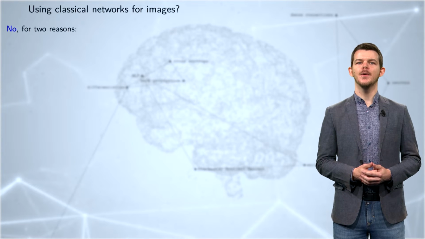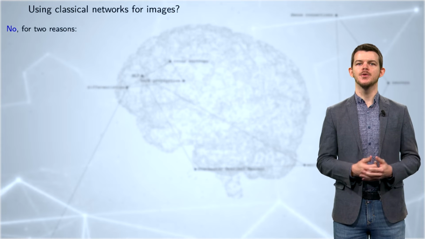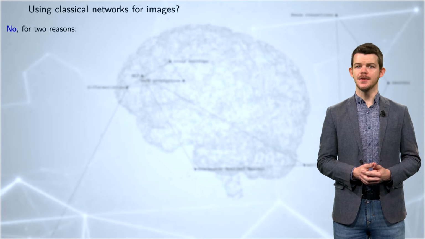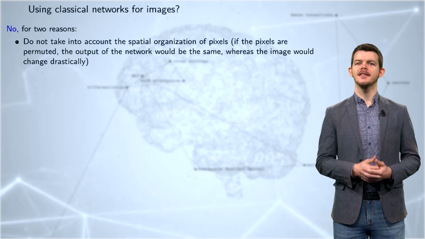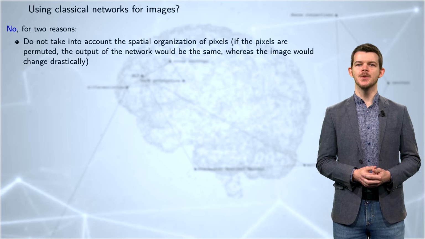Indeed, classical neural networks cannot be used to deal with images for two reasons. First, classical neural networks do not take into account the spatial organization of pixels. If the pixels are permuted in an image, the output of the network would be the same, whereas the image will change drastically.